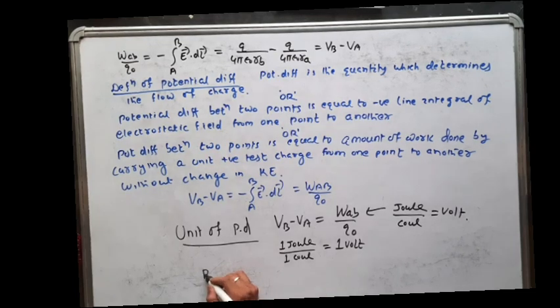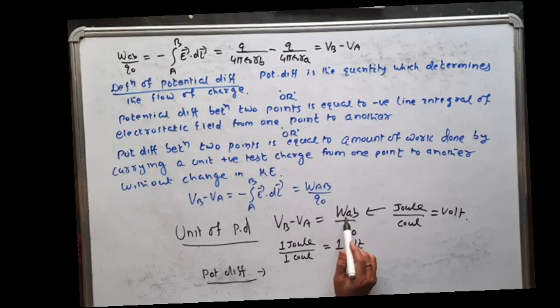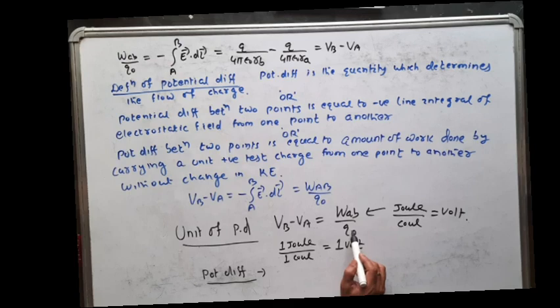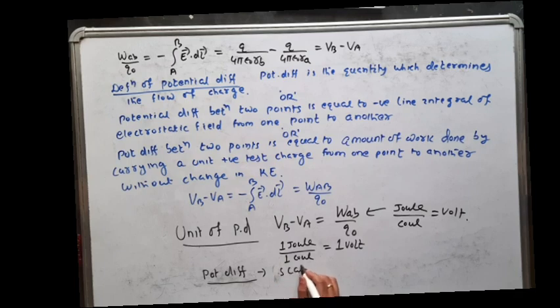Now the question comes, is potential difference a vector quantity or a scalar quantity? Definitely, potential difference is the work done per unit charge. It is work, and work means it is a scalar quantity. So potential difference is a scalar quantity. Then what is the dimensional formula of potential difference?